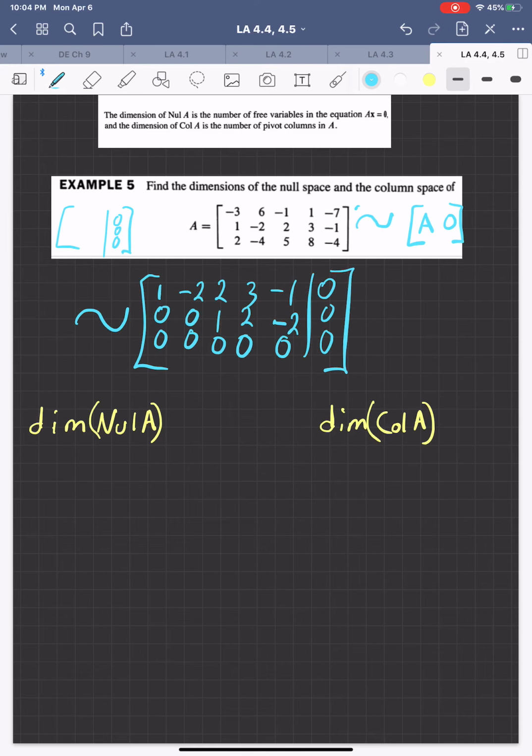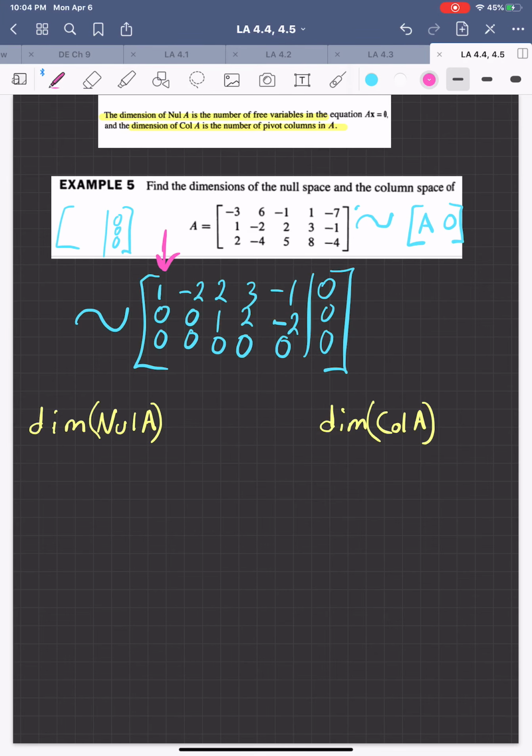Okay. So notice what is written at the very top. It says the dimension of the null space is the number of free variables. Okay. And the dimension of the column space is the number of pivot columns. All right. So you and I go down the line. Let me erase that. Let's go down the line here.